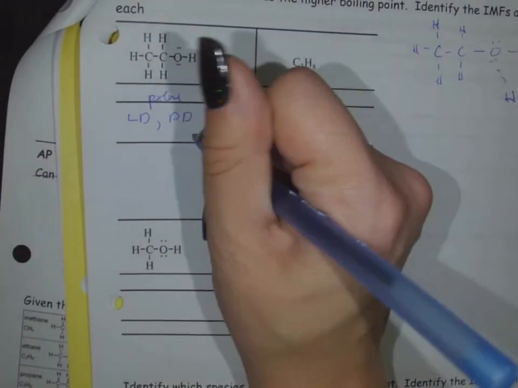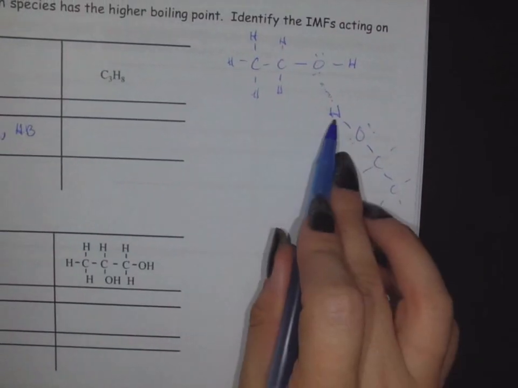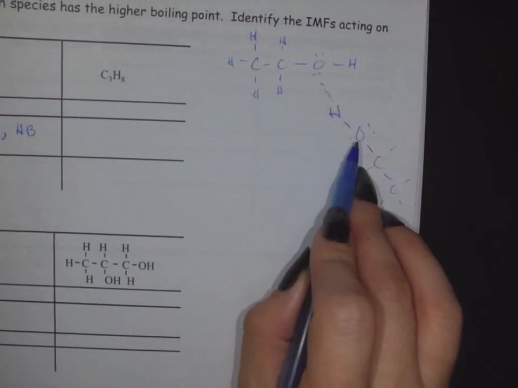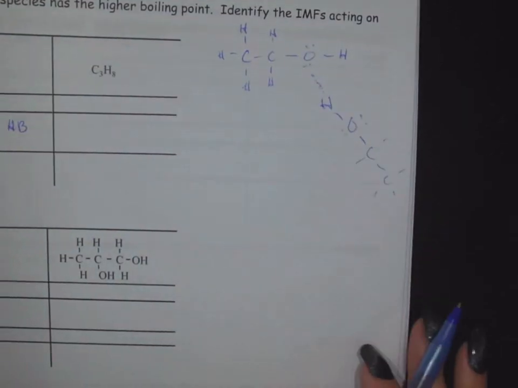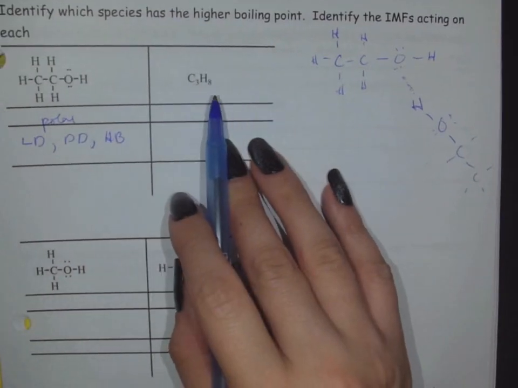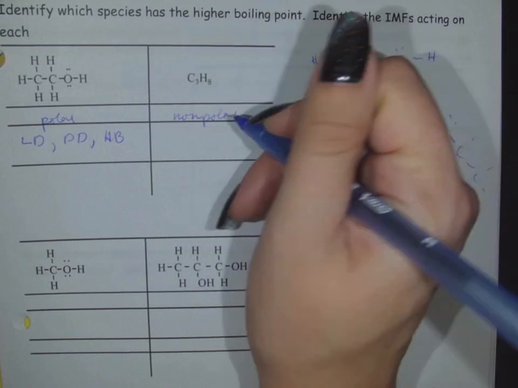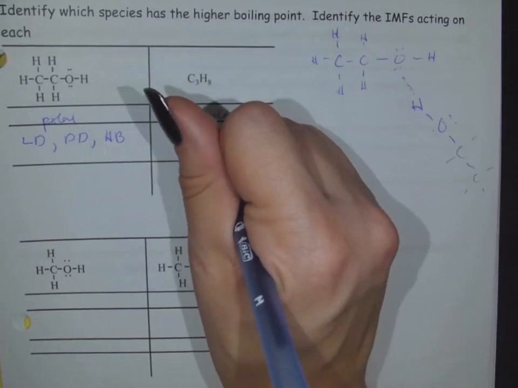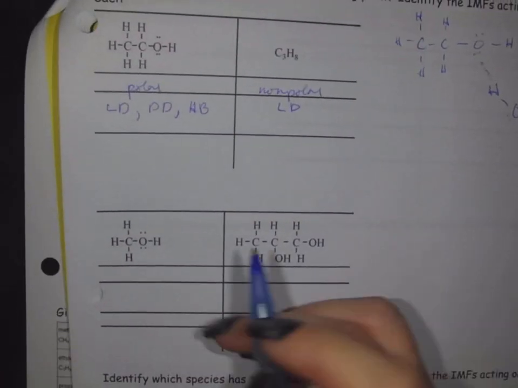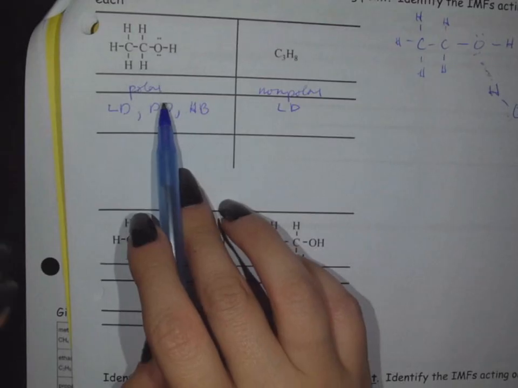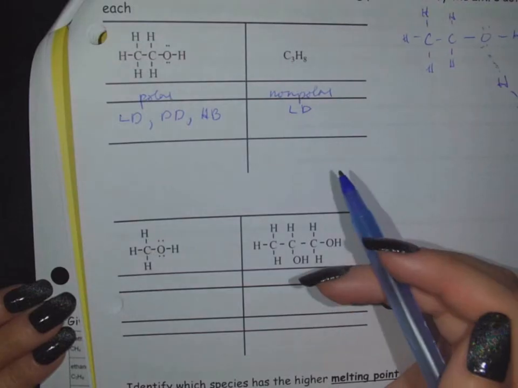And we would also get hydrogen bonding because look, I have a hydrogen bonded to a fluorine, oxygen, or a nitrogen, and the other molecule has a lone pair. So there's hydrogen bonding. C3H8, oh, a hydrocarbon, so it's nonpolar. So we would only have London dispersion. Okay. There are more types of IMFs, and there are stronger IMFs for this molecule compared to that molecule.